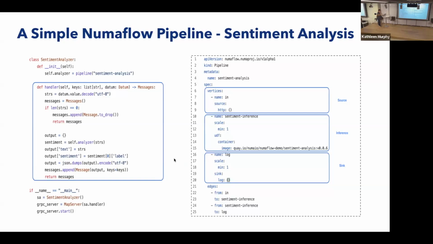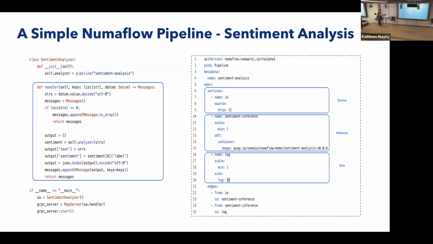On the left side is the source code for this sentiment analysis. This is everything we need to get this pipeline running. The source code is written in Python, where there's a handler function, and the function signature takes a datum as the argument.